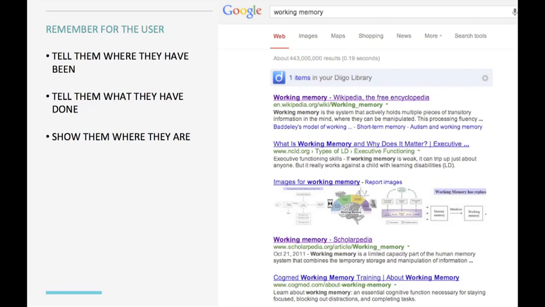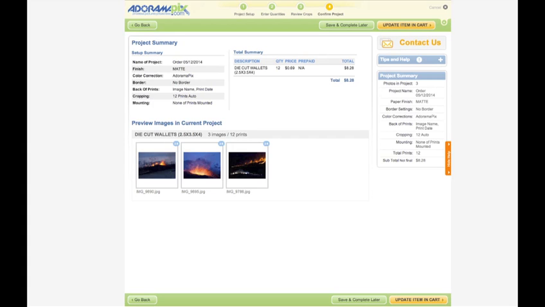Computers are notoriously good at remembering things. So it can be just subtle clues, like showing me with the color of the links where I've been, what I've clicked on before. Because we are much better at recognizing something than remembering it outright. Another way to do it in a complex flow where you have to select all sorts of things and many settings is to gather the settings all in one place and show it to me as I'm moving through, so that I know what I've already done.